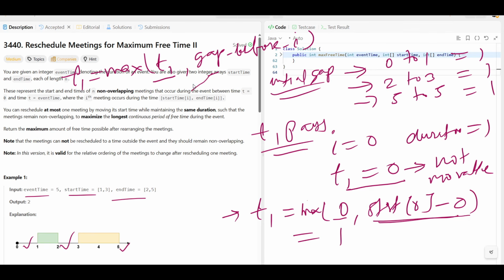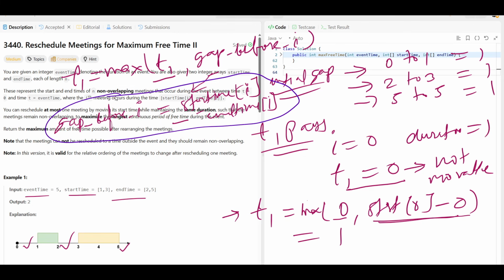How are we finding the gap before I? We are finding the start time at I minus the end time at I, right? So we found the gap before.